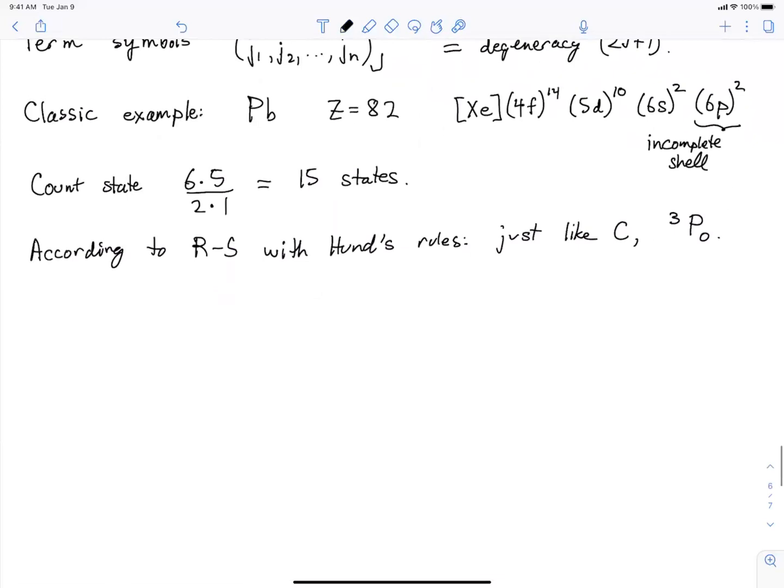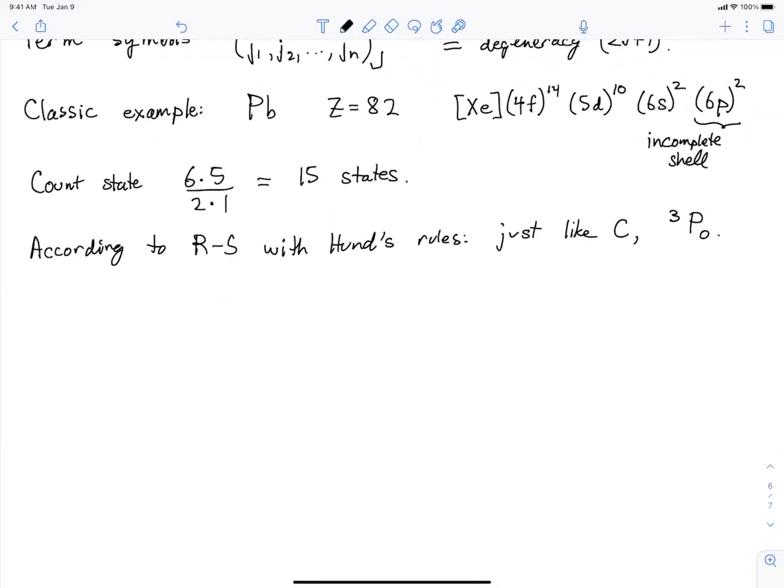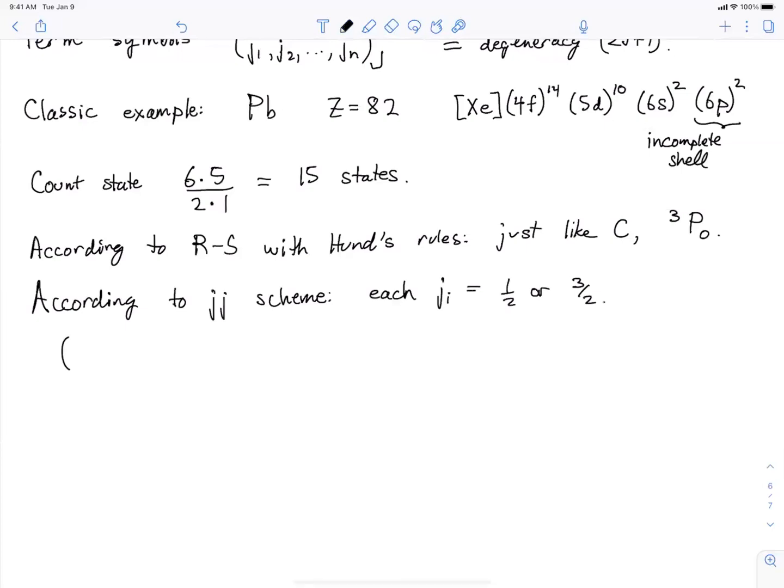All right, but now let's look at what the jj coupling scheme says. So according to the jj scheme, each little j, of which there are 2 of them, can be either 1/2 or 3/2. And the reason for that is just that we're taking angular momentum 1 and combining it with angular momentum 1/2.